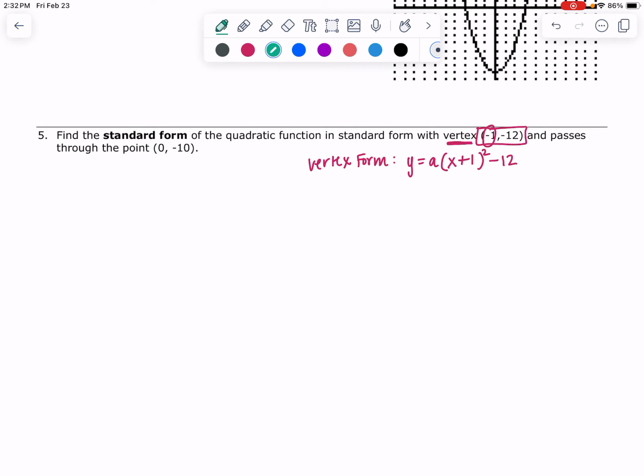And then we have a random x and y we can plug in. So y is negative 10 when the x is 0. Okay. 0 plus 1 is just 1. And then 1 squared is just 1. And that's being multiplied by a.